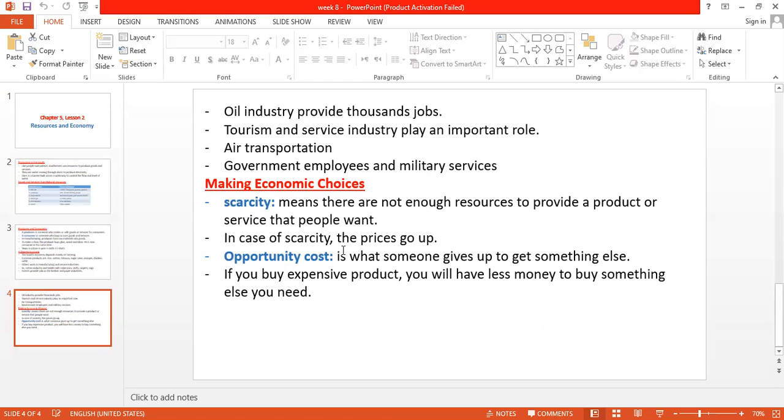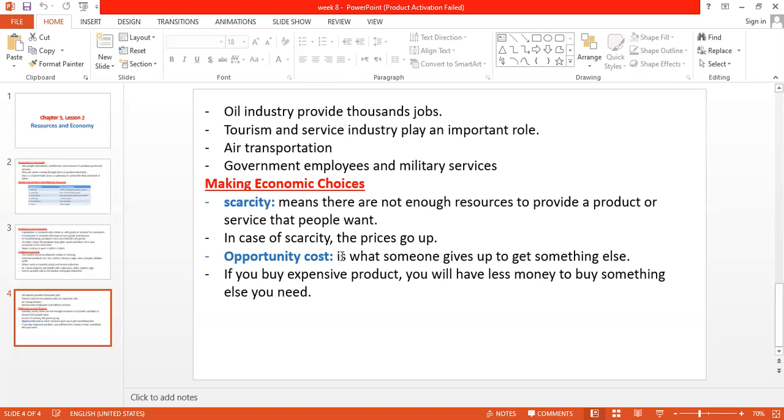Not all people can buy this expensive water, so they have to leave something they need to buy water, right? Now the water is very expensive in Saudi Arabia and people need water. So what do they have to do? They have to buy water and leave something else they need. So when they leave something else they need, it means that they make an opportunity cost.